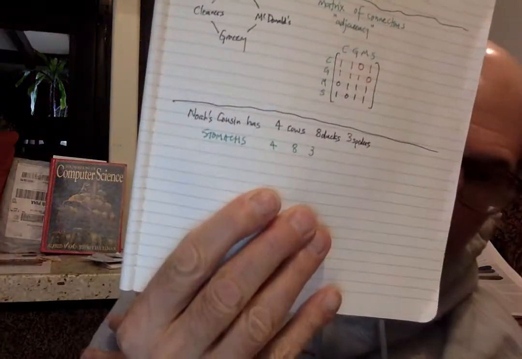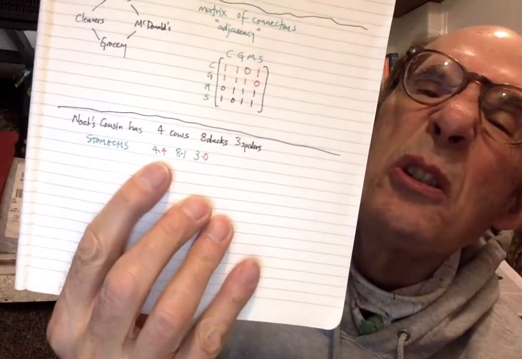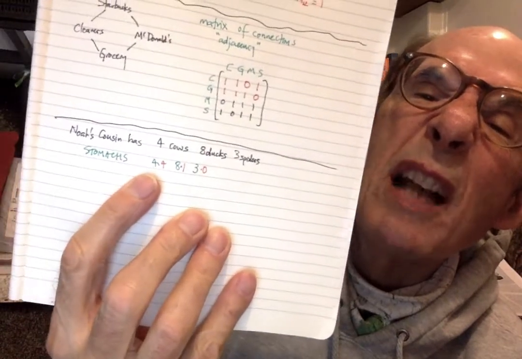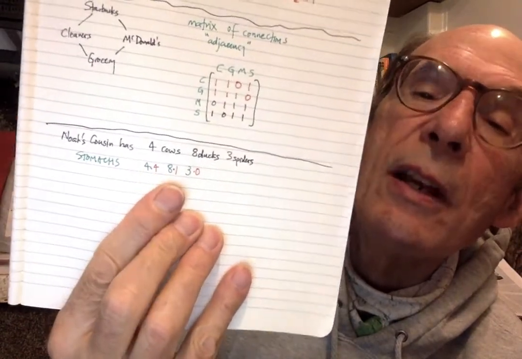So that's in green, and now I'm going to throw in red the number of body parts. Well, the cows have 4 stomachs, and the ducks have 1 stomach, and the spiders have 0 stomachs. So now that's how many cow stomachs I have, how many duck stomachs I have, and how many spider stomachs I have. Of course, I never have spider stomachs, but that's the way it goes.